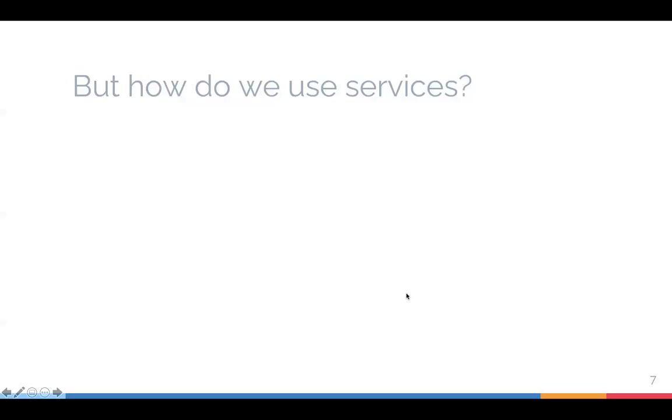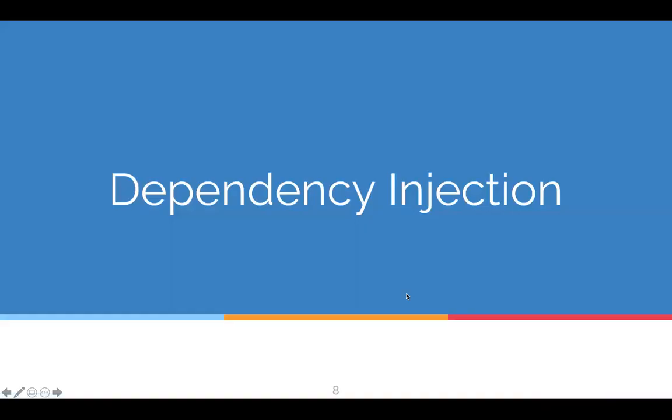But how do we use the services? The answer is we can use dependency injection. For dependency injection, first I will talk about the drawbacks without dependency injection, and then how it can benefit us in Angular.